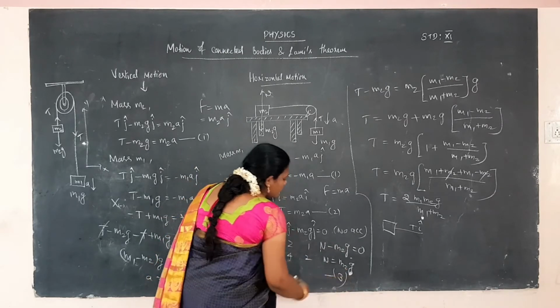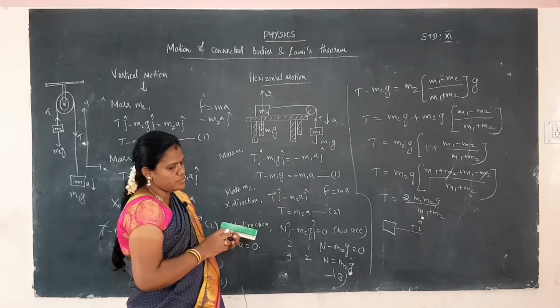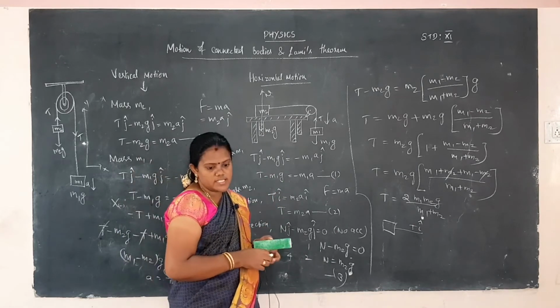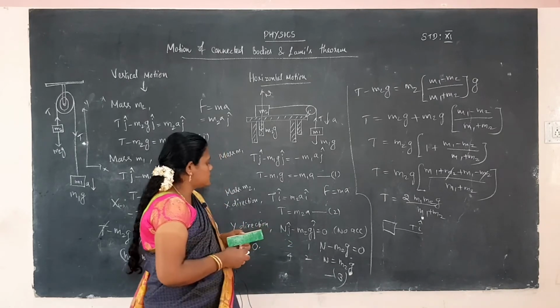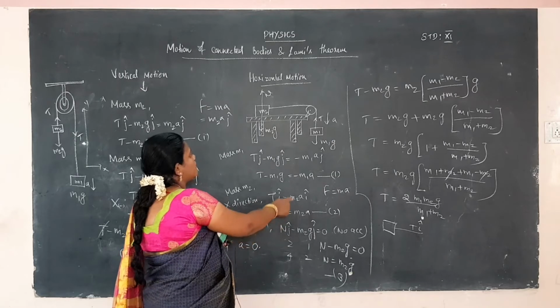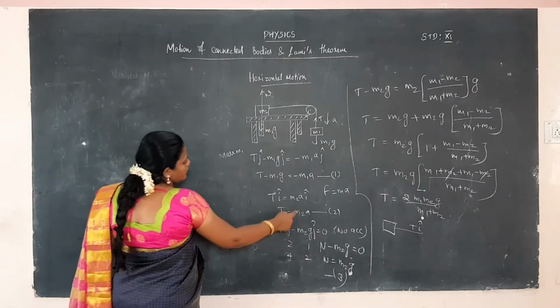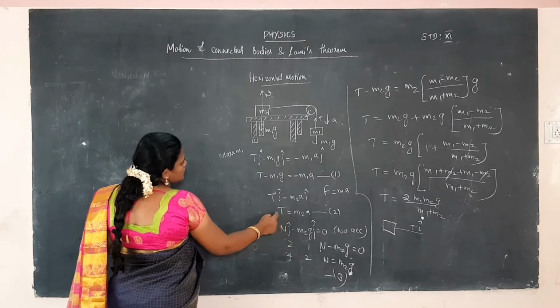Now we substitute equation 2 in equation 1. What is equation 2? T is equal to m2a.